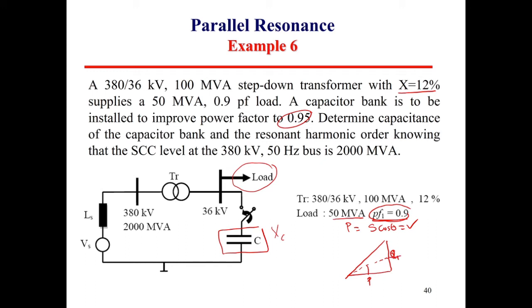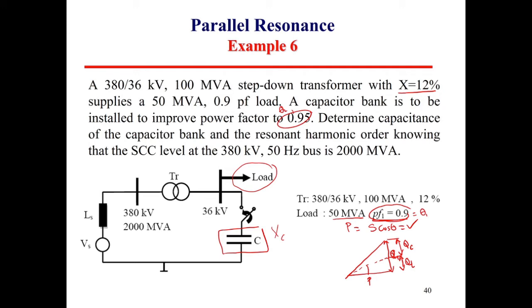Then from there to there will be QC. So this is our initial Q1, and over here we have Q2 or Q total. Theta 1 can be obtained by cosine inverse. Theta 2 also can be obtained from the cosine inverse.